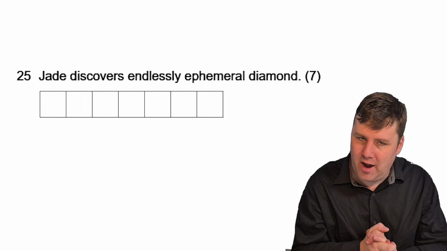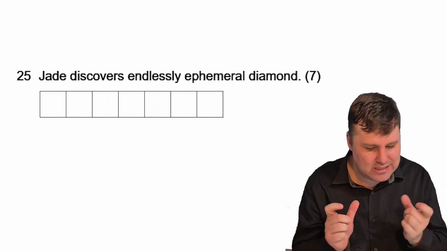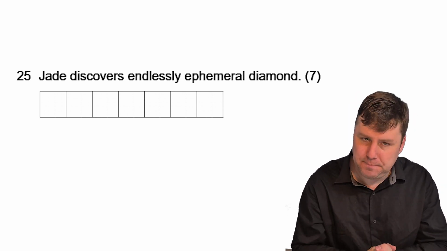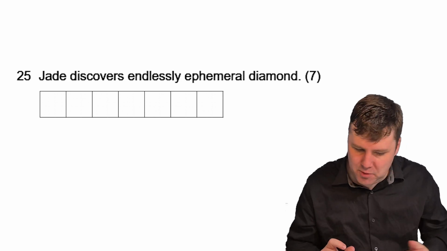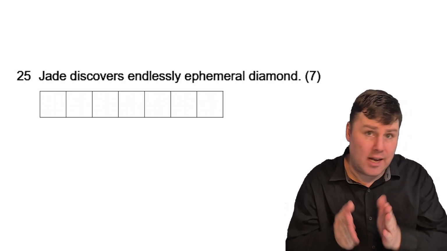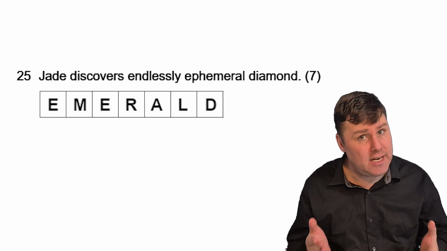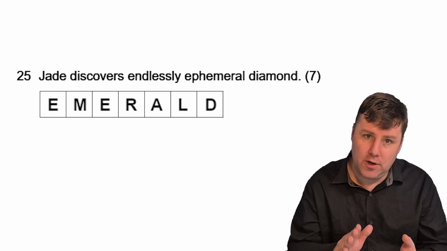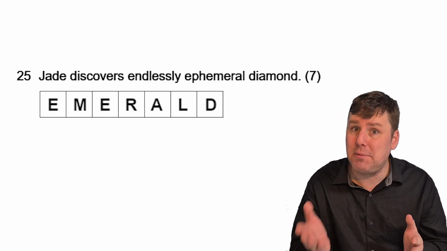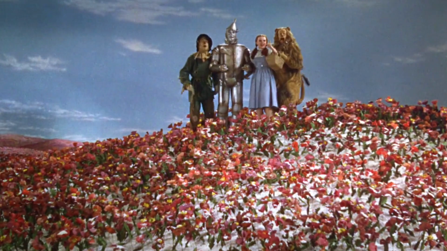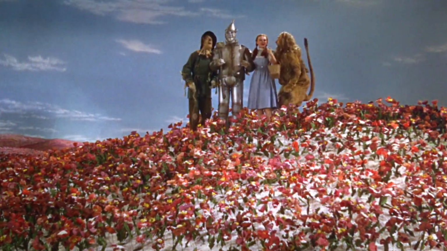Endlessly ephemeral diamond means we're taking the ends off ephemeral diamond. So let's do that. Let's remove the end letters off and suddenly we find buried in the middle there, emerald, like the Emerald City in The Wizard of Oz. And also jade being the same colour as emerald.